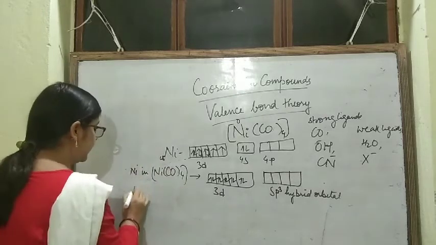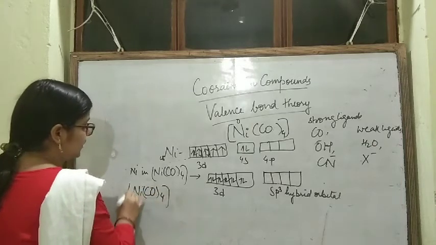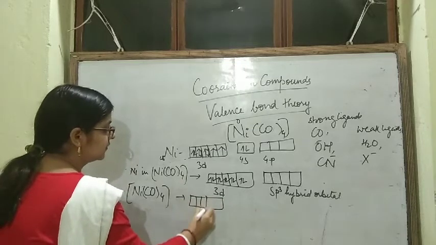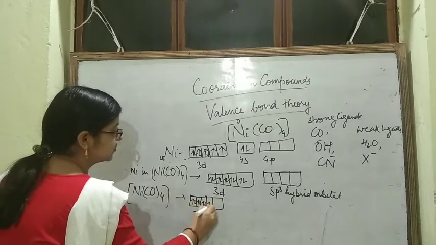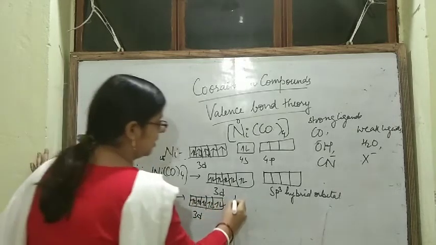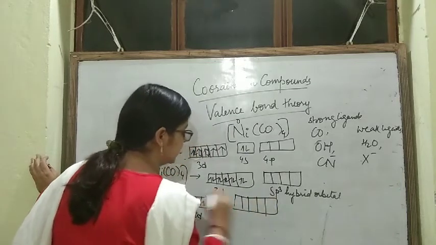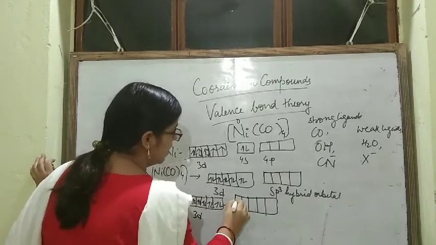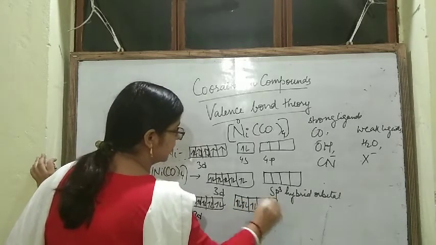Now we can write Ni(CO)4. How will it be? 3d, 2, 4, 6, 8, 10. And now, in this sp3 hybridized orbital, you can show it this way or you can show it this way also.